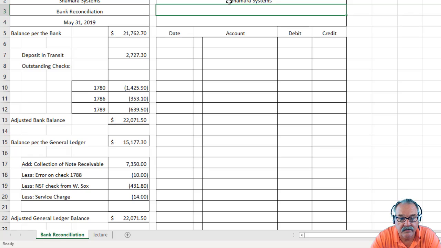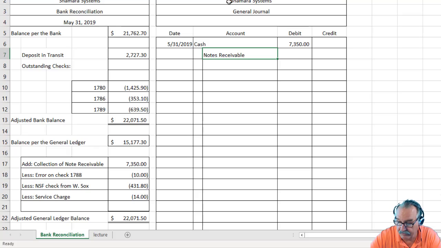So this is the general journal. We're going to make these adjustments at the end of May. So these will all be dated May 31, 2019. The first one is a debit to cash, $73.50, and a credit to notes receivable.